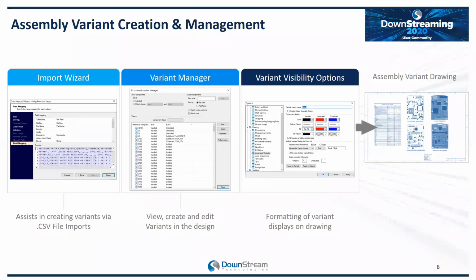And this import wizard allows us to import, which is a very typical, desired, common method for dealing with assembly variants or parts lists, but specifically assembly variants, where typically companies prefer and have the capability to manage and define their assembly variants at the schematic level. There's really no need to go into the PCB.